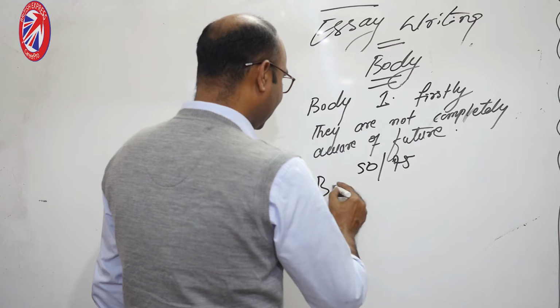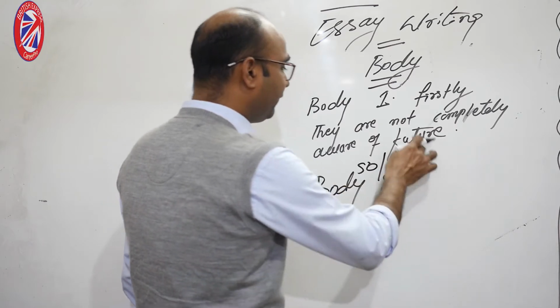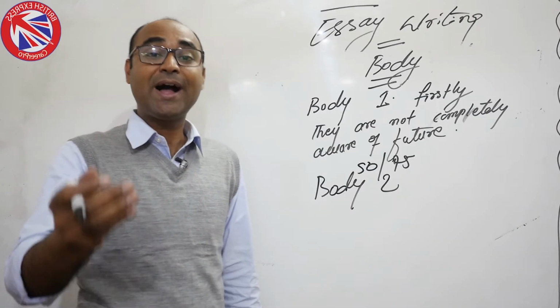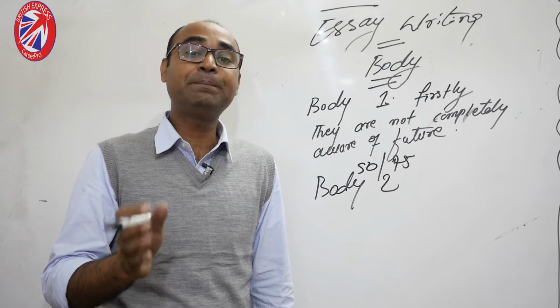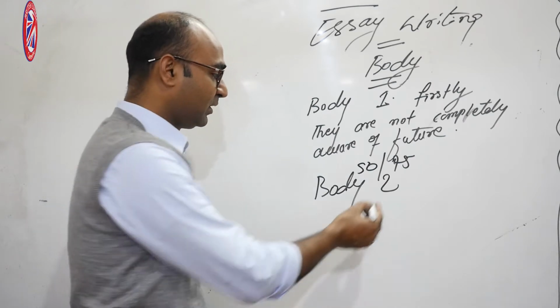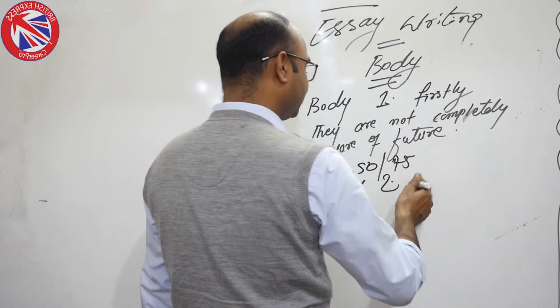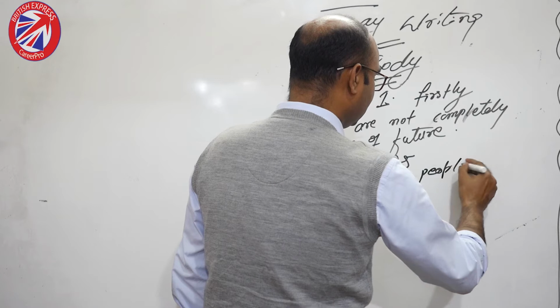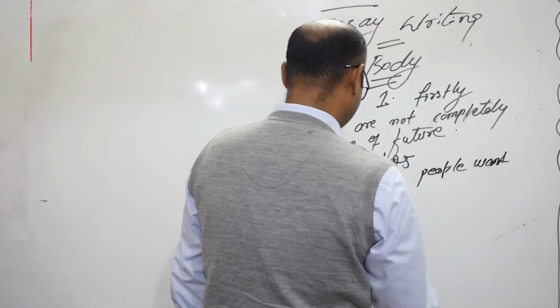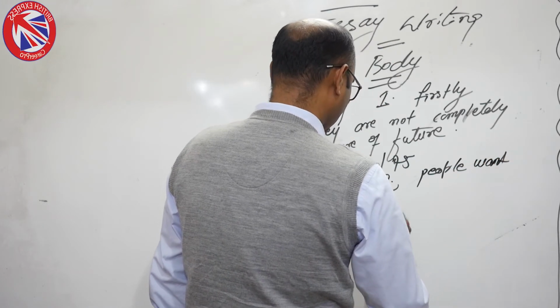Now, second point. Now body 2. Because in the first part I have said so, now I have to find the fault of the people, that really they are responsible. So the point number 2: people want shortcuts.